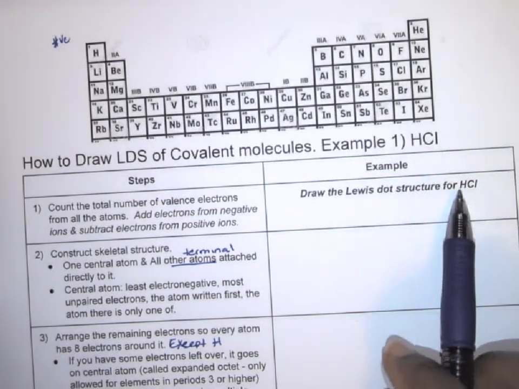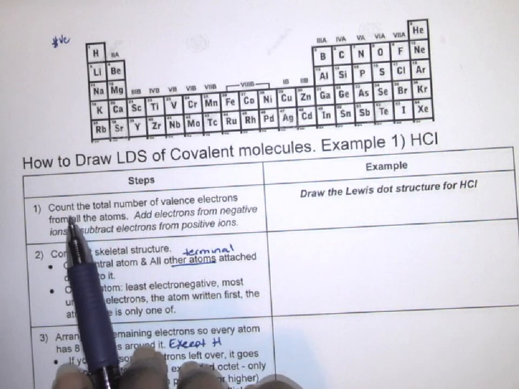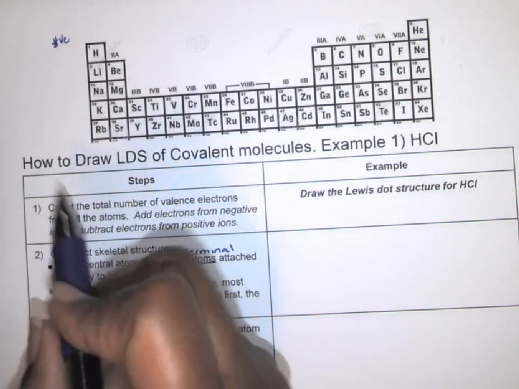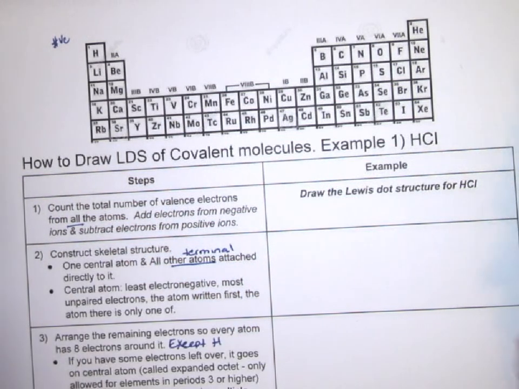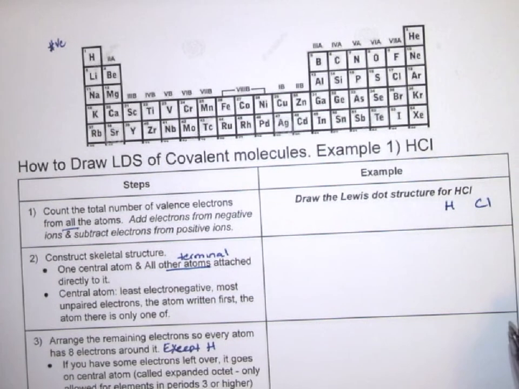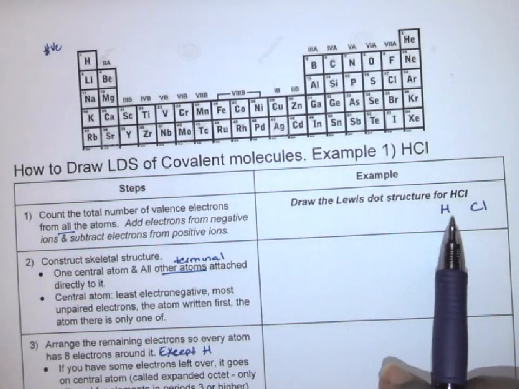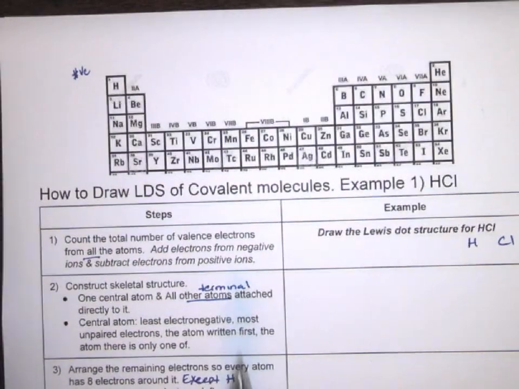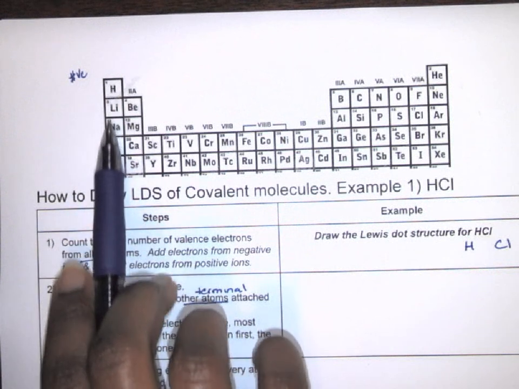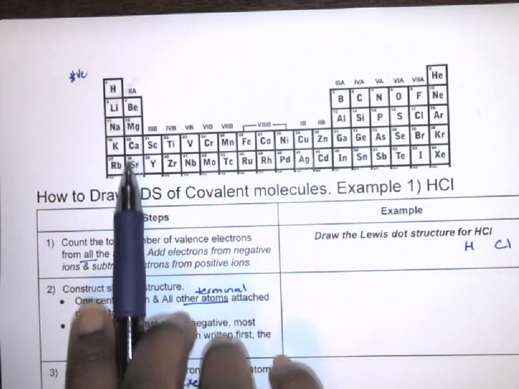If you're given a chemical formula like HCl, the first step says to count the total number of valence electrons from all the atoms. This molecule is made up of two atoms, hydrogen and chlorine. To count the total number of valence electrons, I need to go back to my periodic table, because there's a pattern with valence electrons.